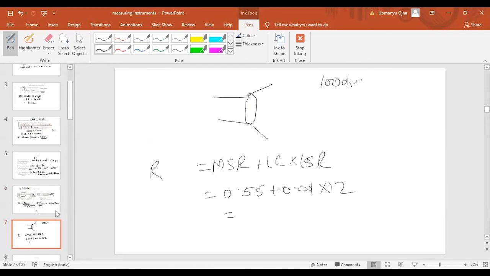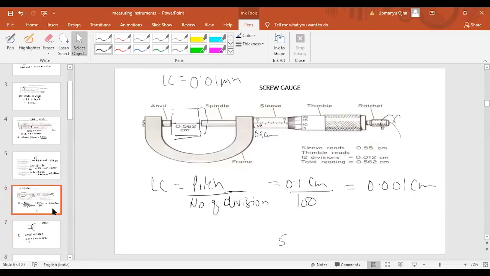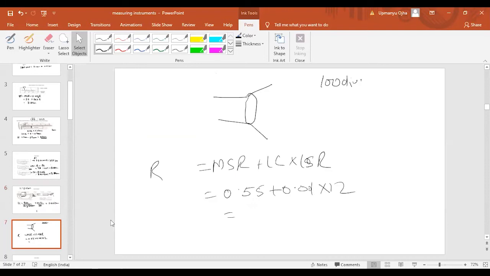So we get the value of the reading here as 0.562 centimeter. In this way, we are finding the value using the circular scale divisions.